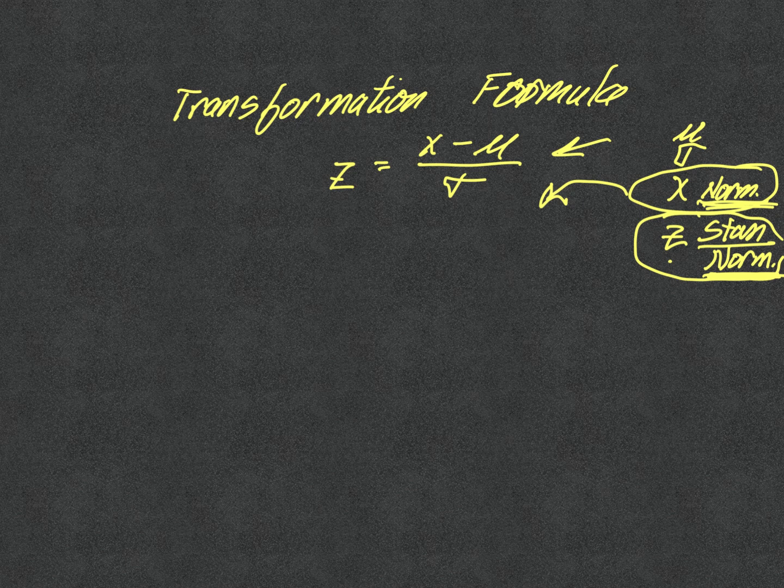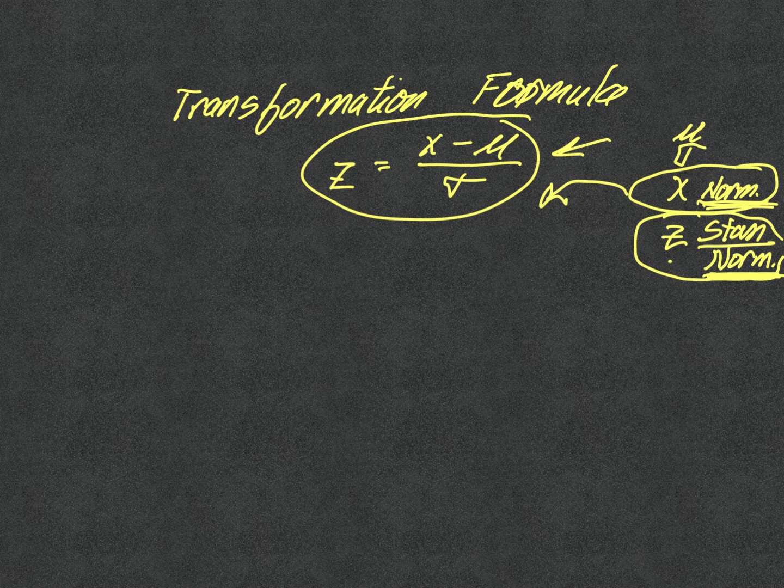So we only have to use one table, we just need to do the conversion. I'll talk a little more about this at the end of the video, but just know that this is a transformation formula. It transforms data from a regular normal set of data to a standard normal, okay?